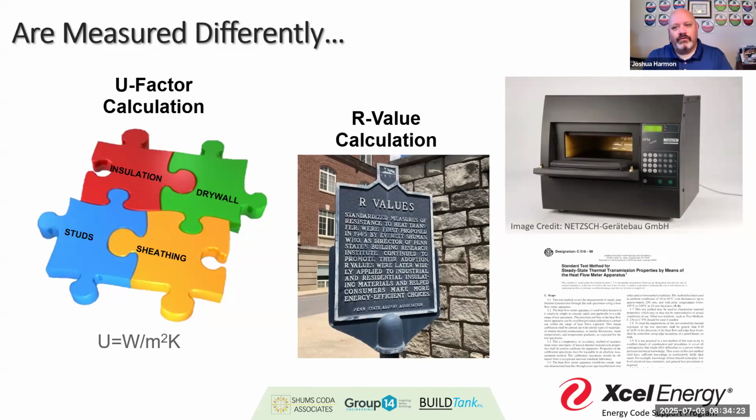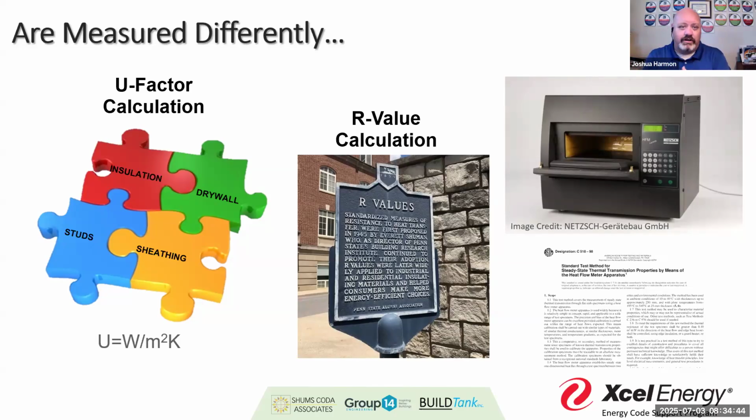And so when we look at the U factor, it will take into account all of the insulation, all of the drywall, all the sheathing, all of those components together to the exterior cladding and the potential air gaps, as long as they're sealed air gaps. We'll take into account all of that information in order to calculate that U factor.